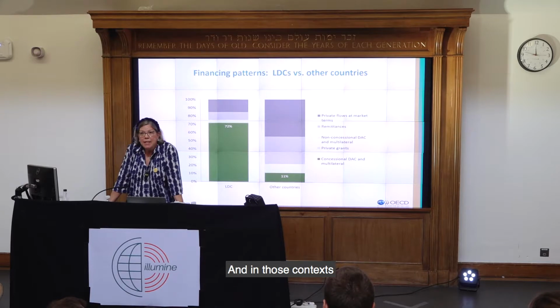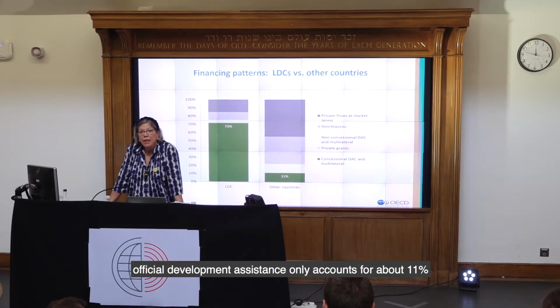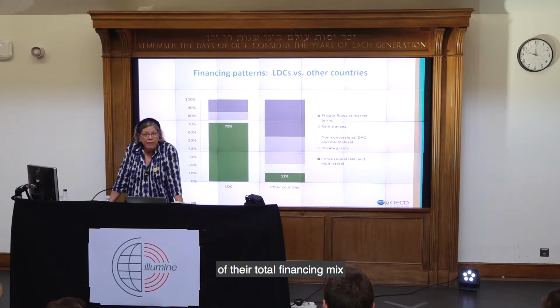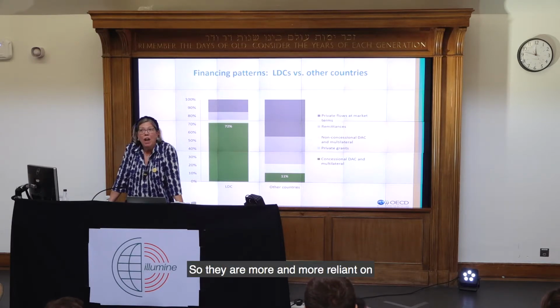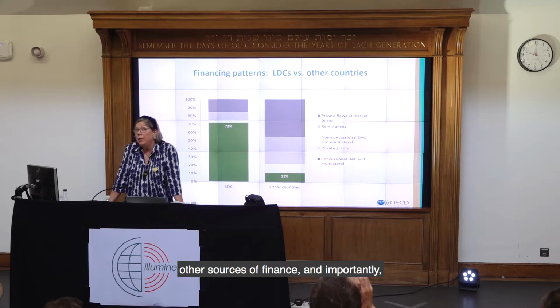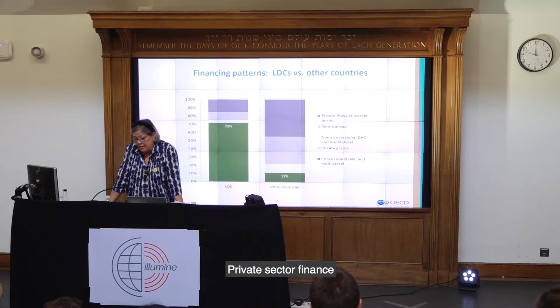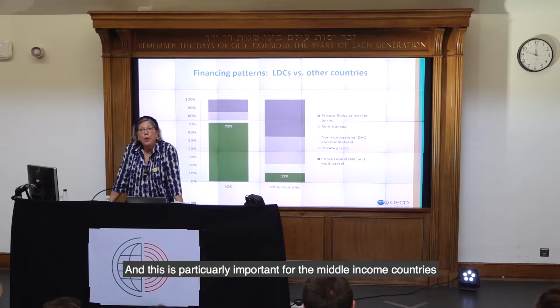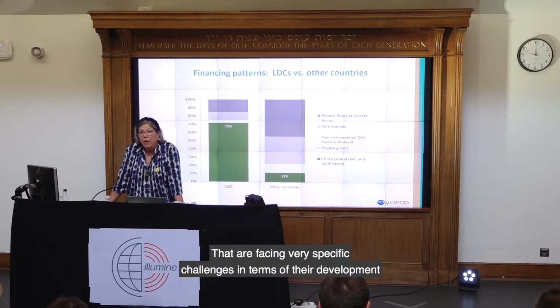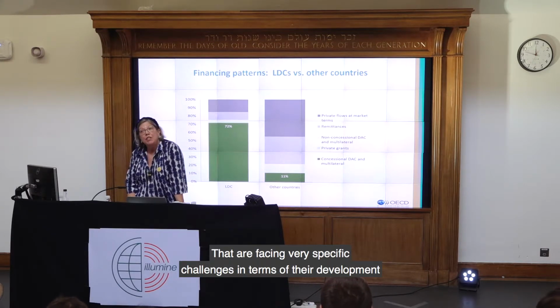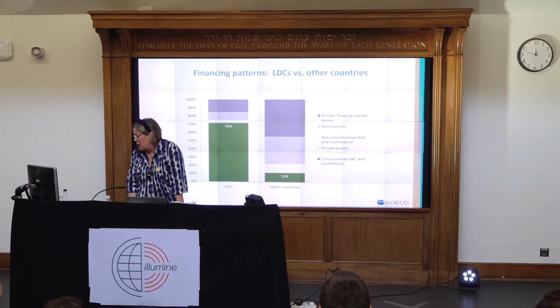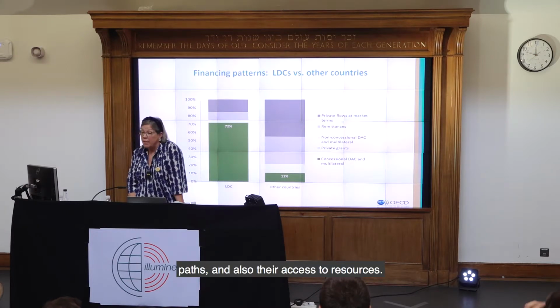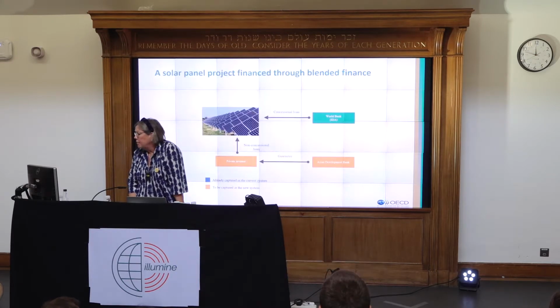And in those contexts, official development assistance only accounts for about 11% of their total financing mix. So they are more and more relying on other sources of finance, and importantly, private sector finance. And this is particularly important for the middle-income countries that are facing very specific challenges in terms of their development paths and also their access to resources.